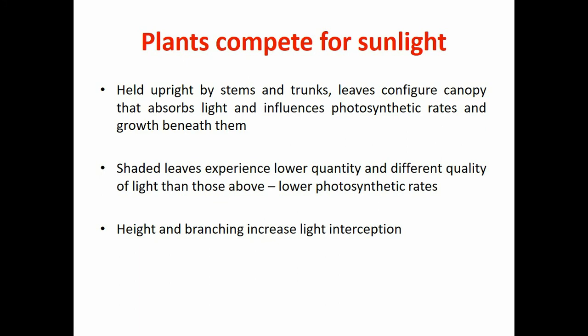So you need to remember now, photosynthesis gives the plants the energy they need to grow.